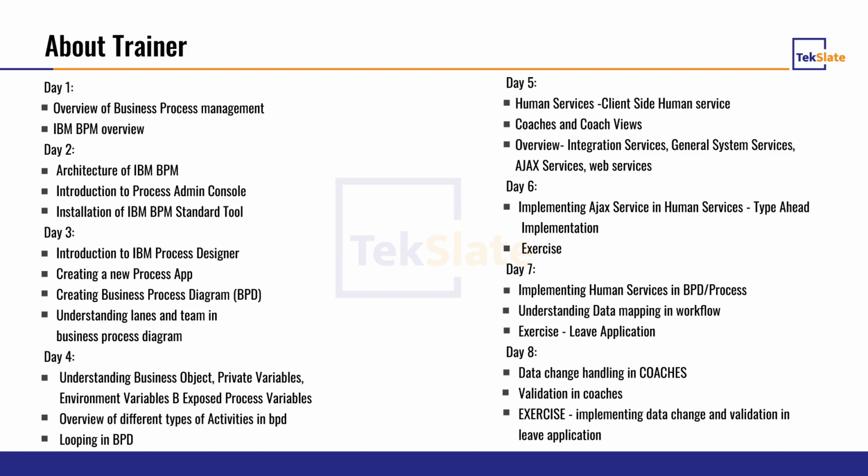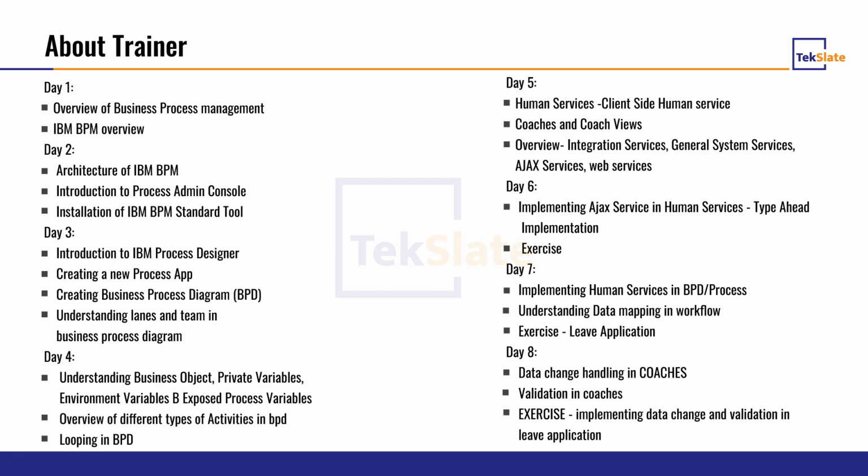As a result, the emphasis is given more on the client-side human service. But yes, we also show how to create a heritage human service. If you have exposure to only heritage human services in your project, we can customize day five accordingly and give more emphasis on heritage human service.